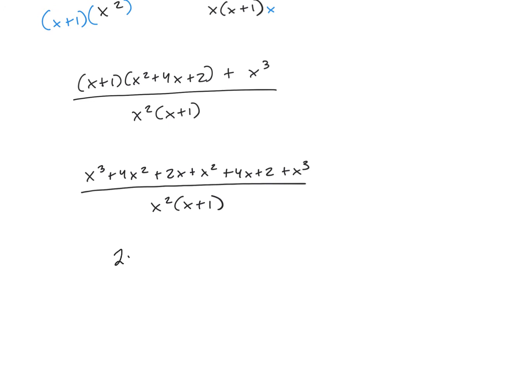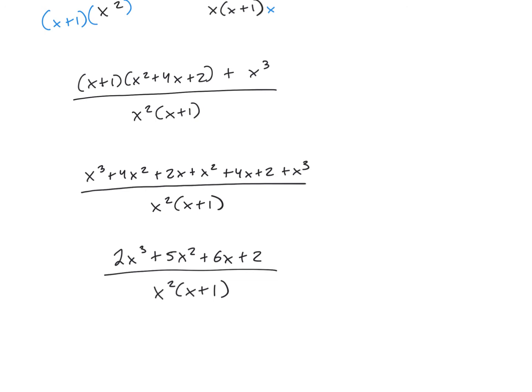So that gives us 2x cubed plus 5x squared plus 6x plus 2 all over x squared times x plus 1. And then from here you would see if there's any way you can factor and maybe simplify. In this case we can't, so that means that we are done.